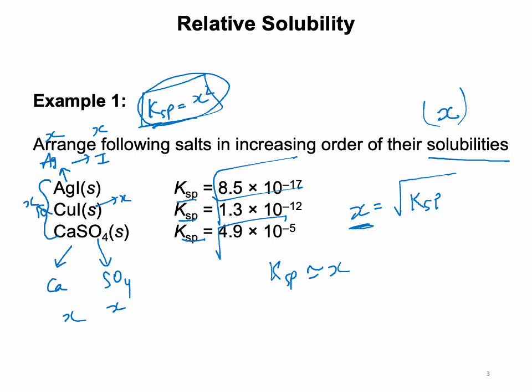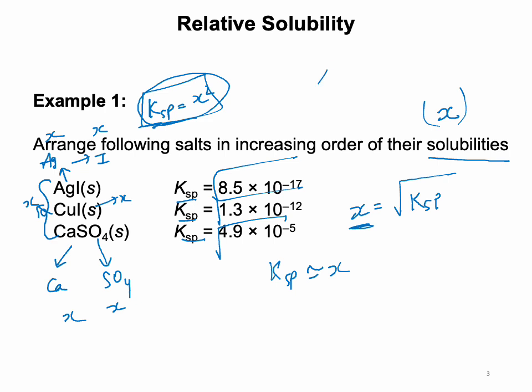If these salts were slightly different, if they gave me slightly different number of ions, the relationship between Ksp and X would be slightly different, and that's when we cannot compare Ksp. That's when we would have to find X. But in this case, because they all have the same relationship between Ksp and X, just by comparing the values of Ksp, I can arrange the salts in increasing order of their solubility.